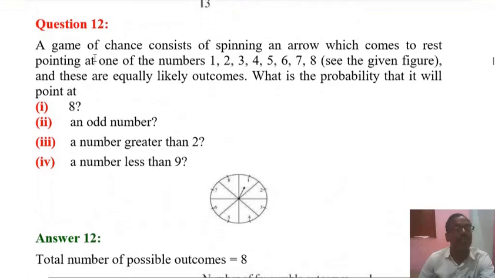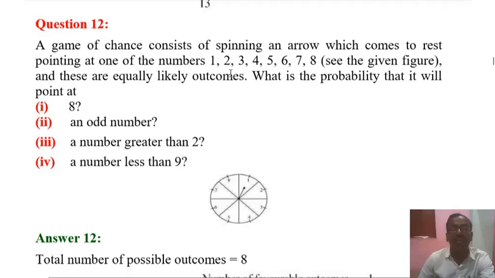A game of chance consists of spinning an arrow which comes to rest pointing at one of the numbers 1 to 8. See the given figure, and these are equally likely outcomes. What is the probability that it will point at 8, an odd number, a number greater than 2, a number less than 9?